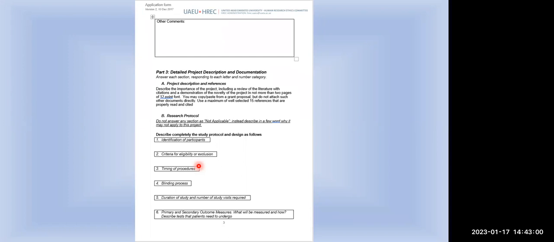This will include the identification of the participants. For example, you should write volunteers from the UAE University. Criteria and eligibility mean exclusion and inclusion criteria, time, procedures, and blinding processes. You also need to write the duration and the primary and secondary outcome measures in this research.